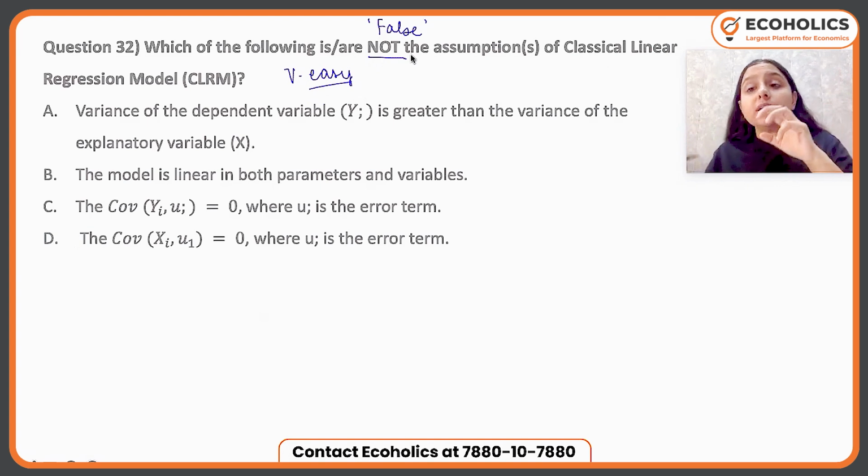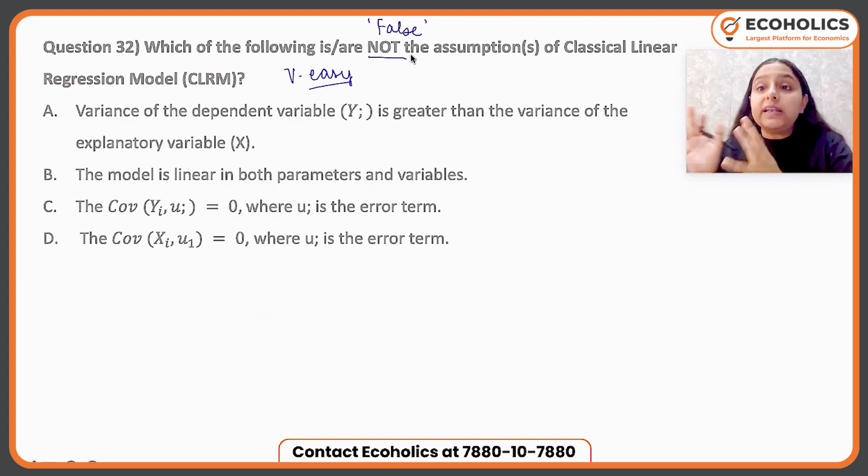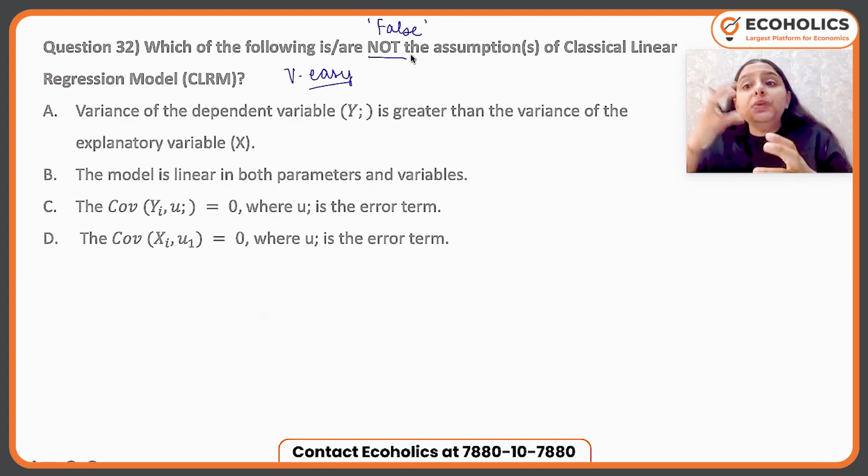In this question, a key takeaway is you should remember all the assumptions as stated in any textbook. For example, if you have gone through Gujarati or Wooldridge, whatever the statements are, you need to only stick to them while choosing your assumptions. Many students fall into the trap of saying, okay, if the assumption is saying this, it means that.